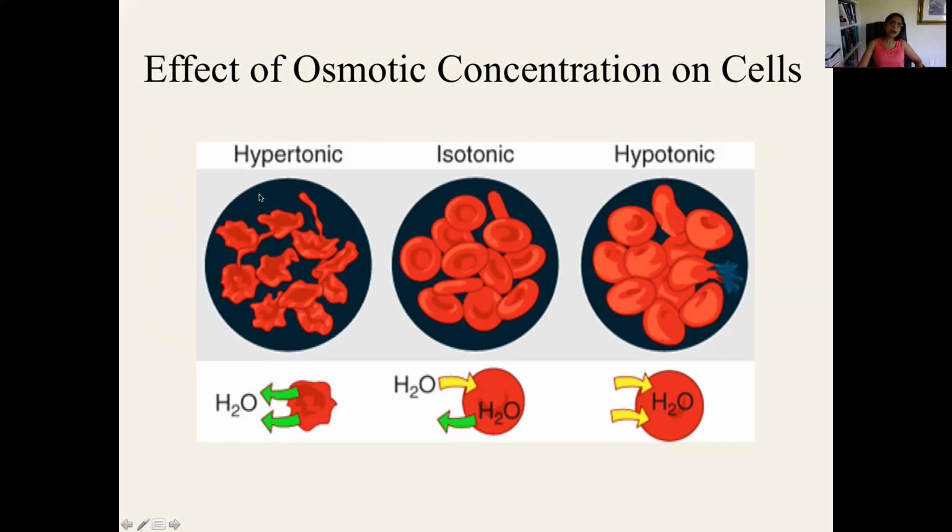Hypertonic is where you have red blood cells in a very concentrated solution. Okay, someone did some wrong calculation, maybe instead of 0.9% saline, maybe 9% saline, not good, but that could happen.